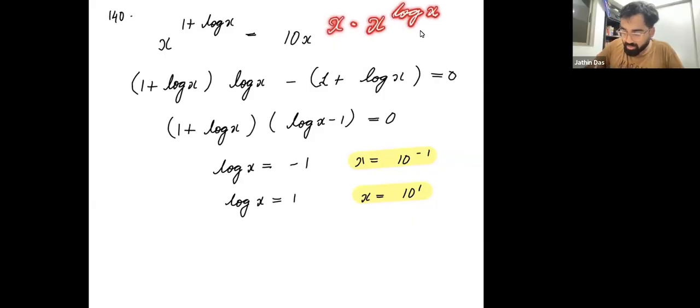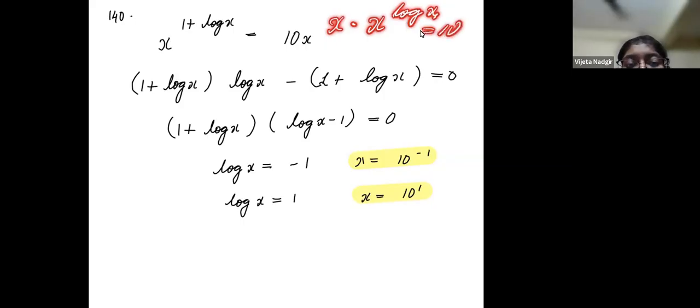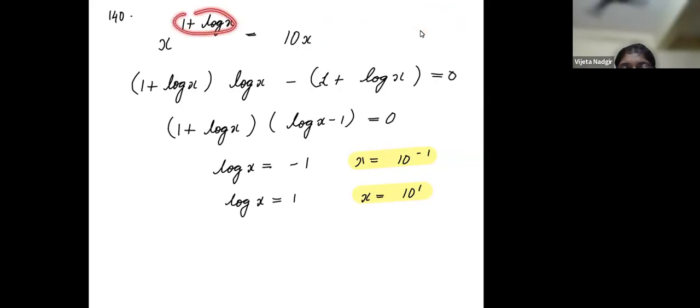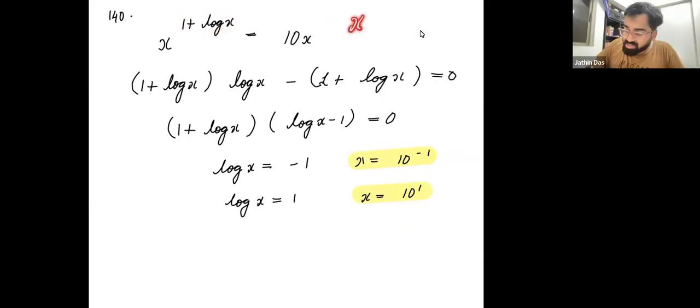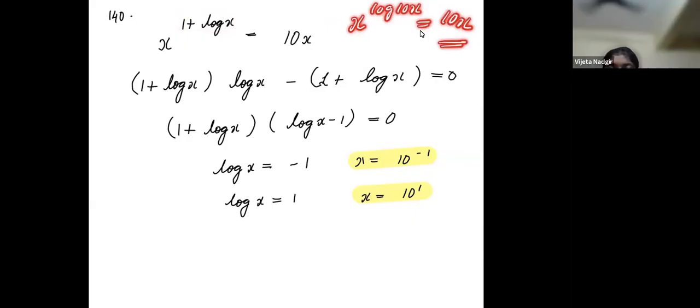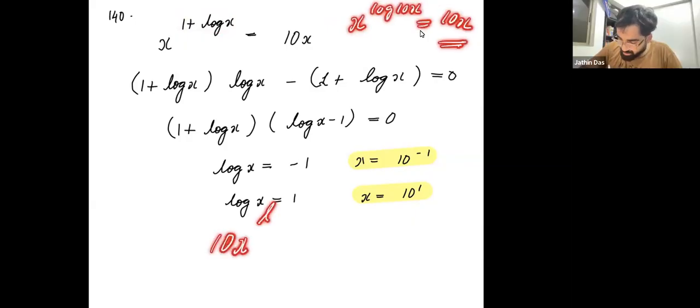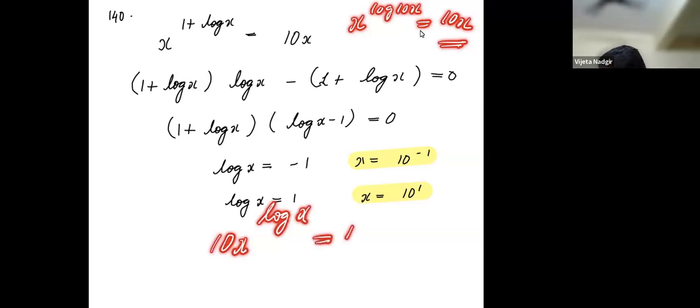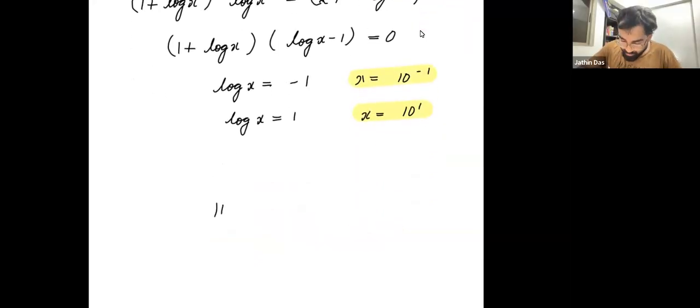No, that 1 plus log x, that 1 is like log 10, right? So I took it as x raised to log 10x is equal to 10x. So then I swapped it. So it will be 10x log x is equal to 10x raised to 1. So log x is equal to 1 because the base is same. So I got 10, but I didn't get minus 1. 10 raised to minus 1. Okay. 10x, what did you get? 10x raised to log x, right?